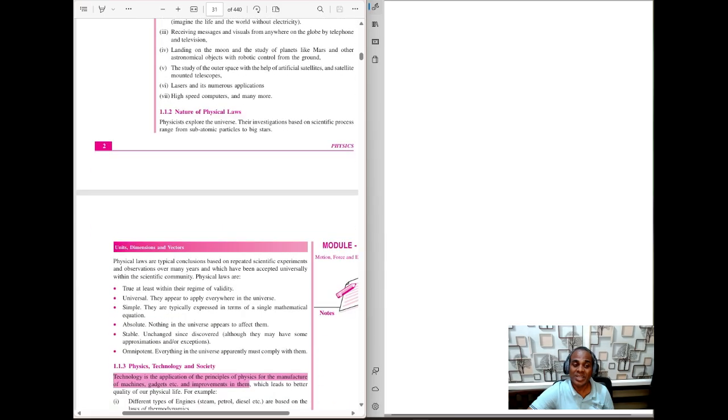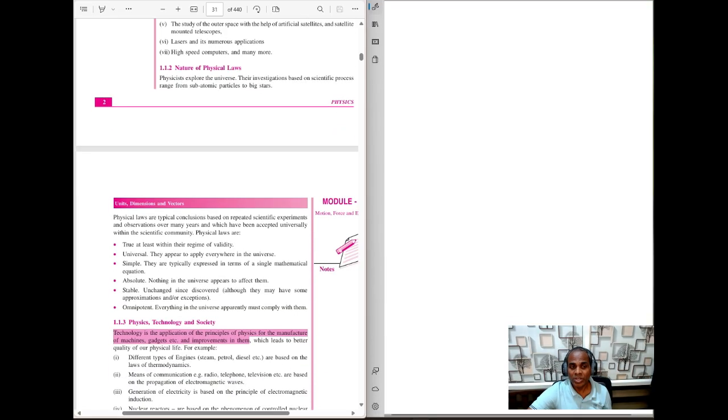Now let's understand the nature of physical laws, the laws governing various physical phenomena occurring in nature. Okay, what are the features of these physical laws? We can understand physical laws as conclusions based on repeated scientific experiments, not a one-off case.